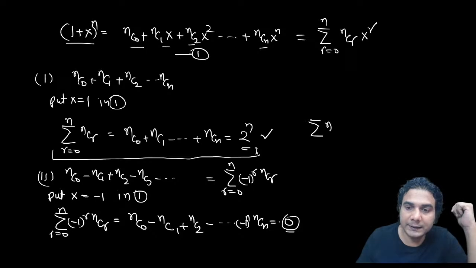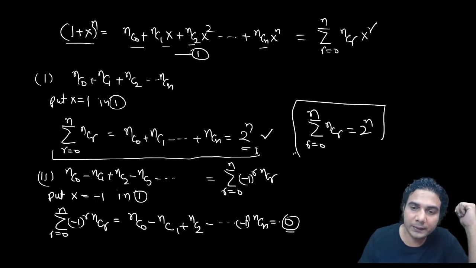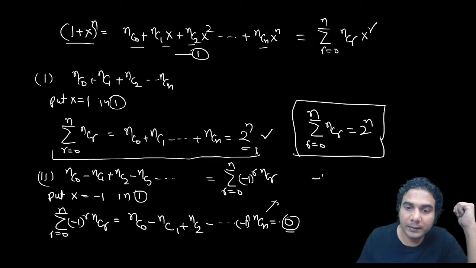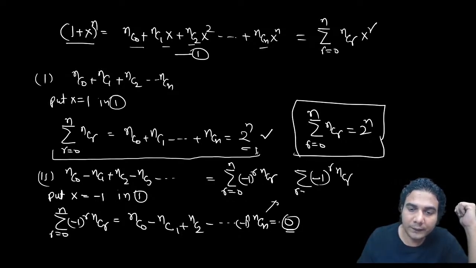Sigma nCr, r from 0 to n, was 2 raised to n. This was your first result, which you need to remember. This was your second result, sigma minus 1 raised to r nCr, r from 0 to n. This was 0. And now you have got one more result.